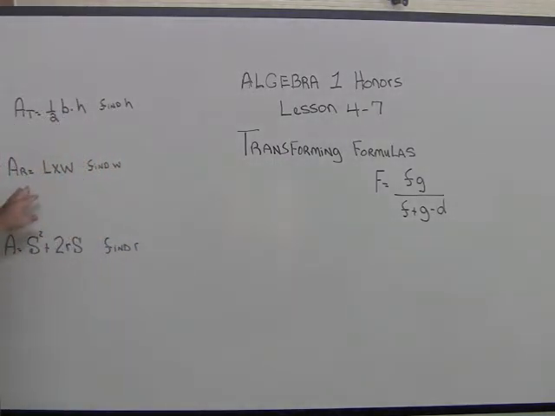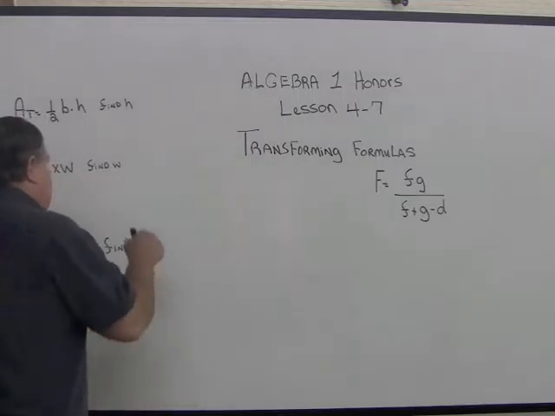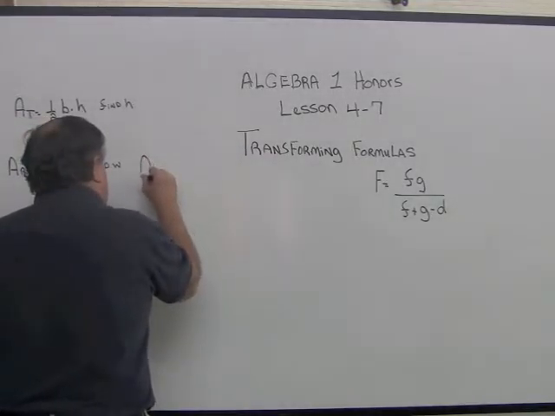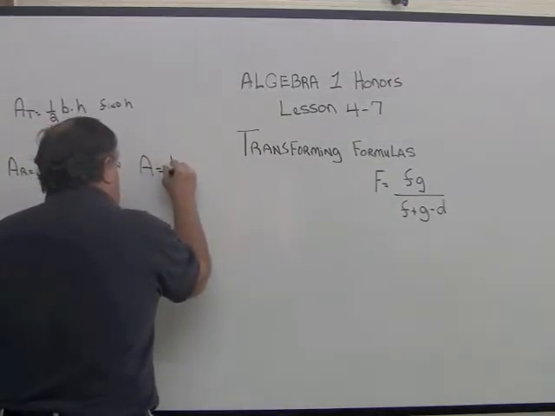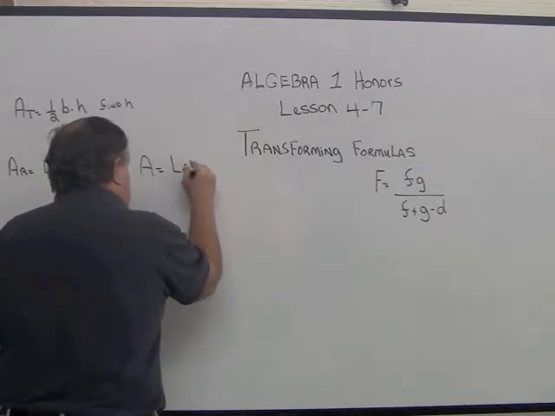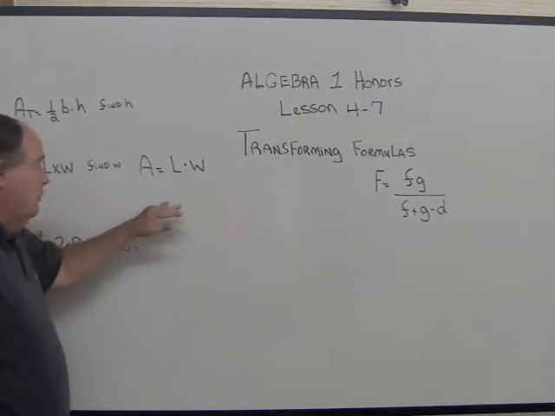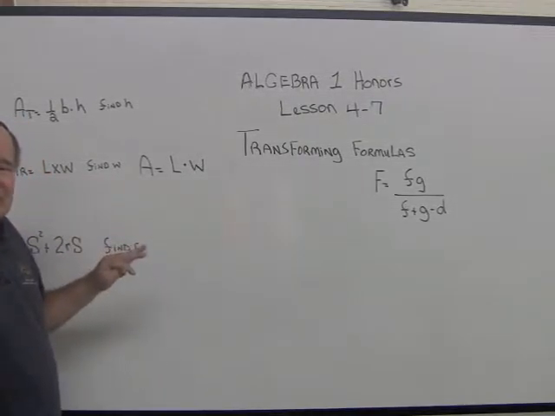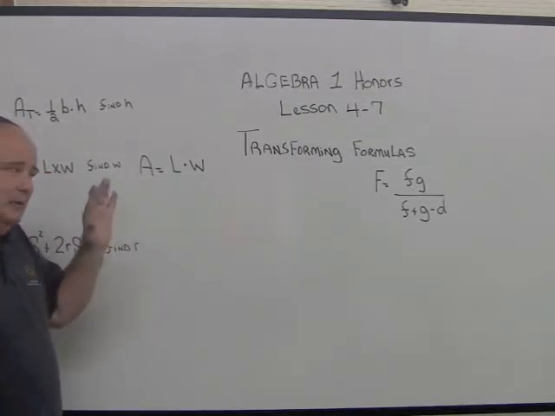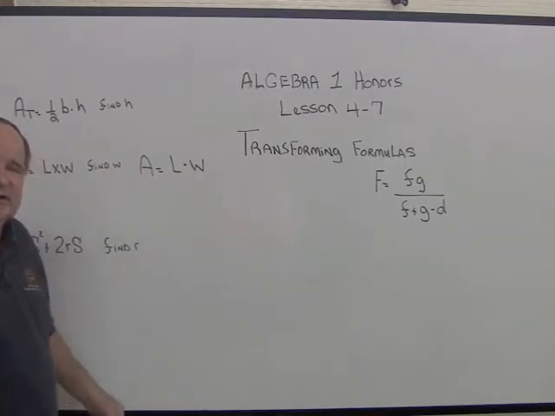The area of a rectangle is length times width. So if I say area equals length times width, and right here they say find W. So what we have to do is isolate the variable W, have W on one side and everybody else has to go on the other.